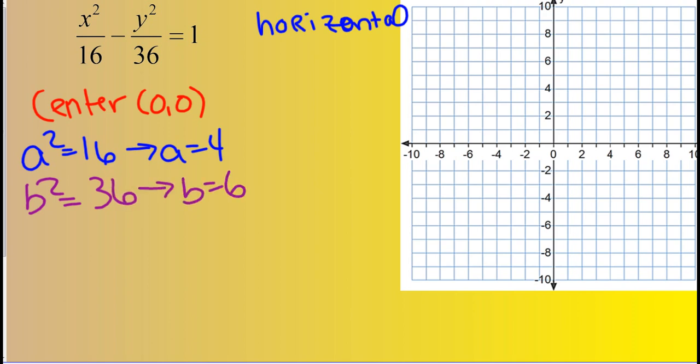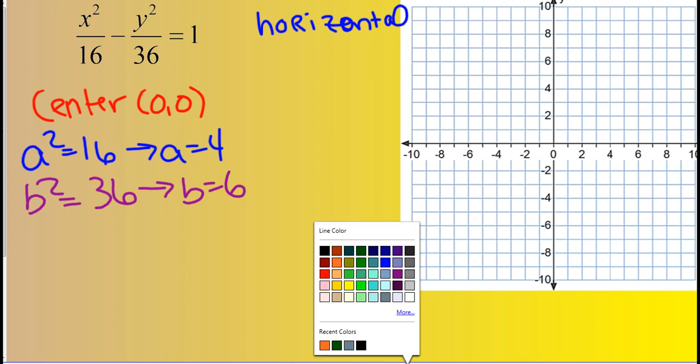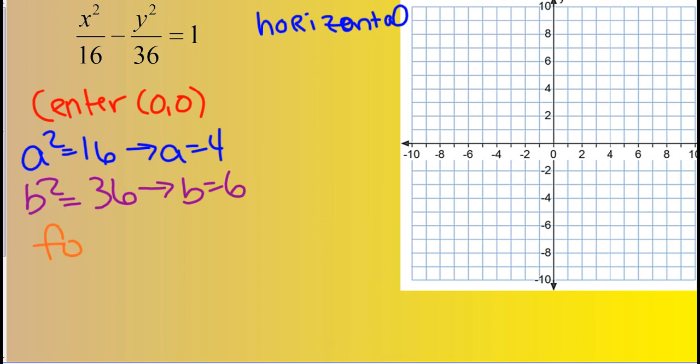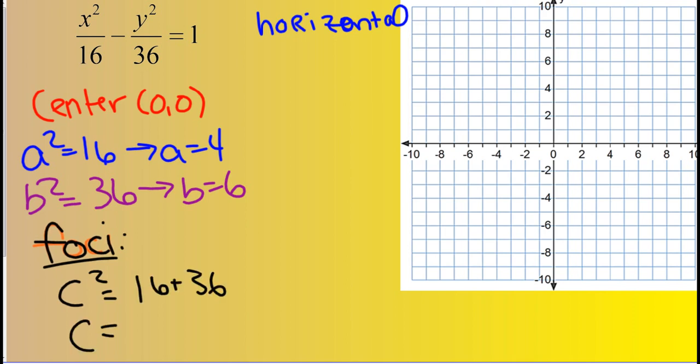So far, so good. And then we have to do c squared equals 16 plus 36. So my c is going to be the square root of 52, right?